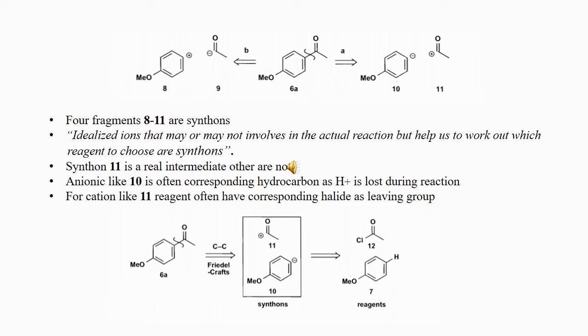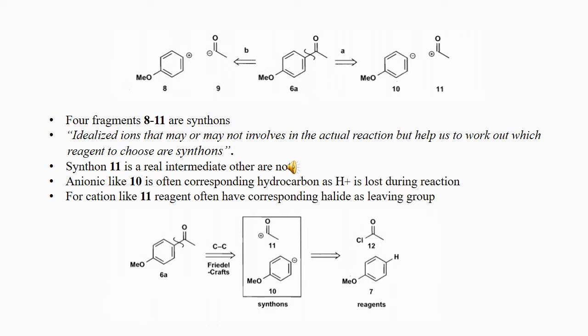So when we are talking about disconnection A, quite logical synthons have been formed. In principle we could have chosen either polarity from the same disconnections A and B, but we actually chose A.